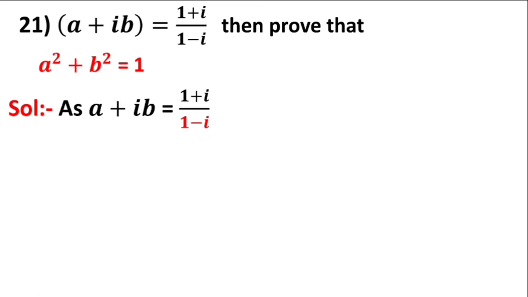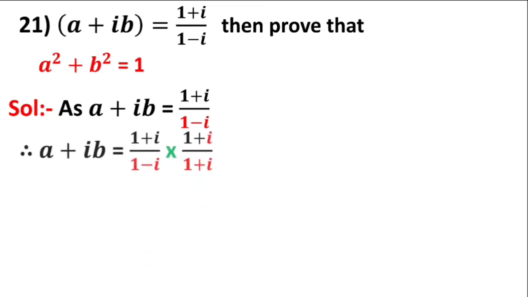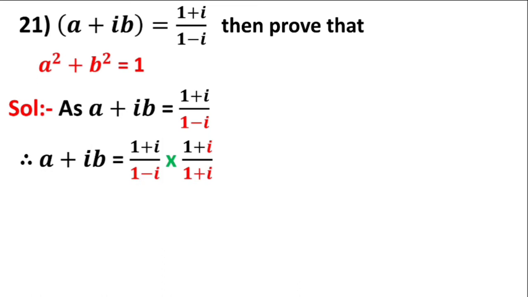Therefore, a plus i b is equal to (1 plus i) upon (1 minus i) into (1 plus i) upon (1 plus i). What is the numerator? (1 plus i) the whole square, divided by (1 minus i) into (1 plus i), which is nothing but a minus b into a plus b form, that is 1 square minus i square.